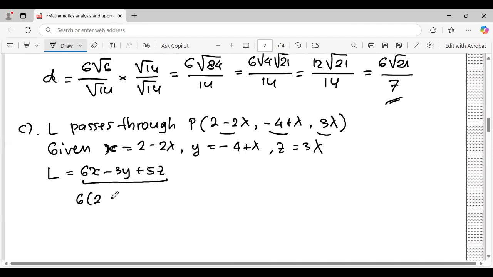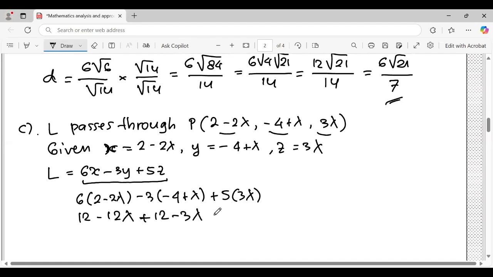6 times 2 minus 2 lambda, minus 3 times minus 4 plus lambda, plus 5 times 3 lambda. And it becomes 12 minus 12 lambda plus 12 minus 3 lambda plus 15 lambda.